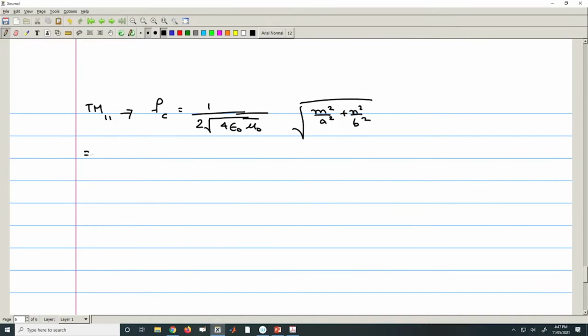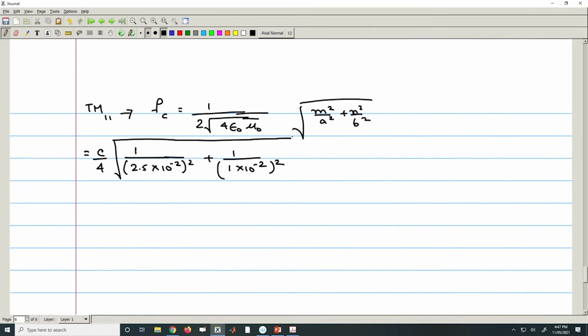So, this will give us c upon 4 times root of 1 upon a, where a was 2.5 centimeter, so 2.5 into 10 to the power minus 2, plus n is also 1 and b was 1 centimeter. Okay. So, this gives us 8.07 gigahertz.